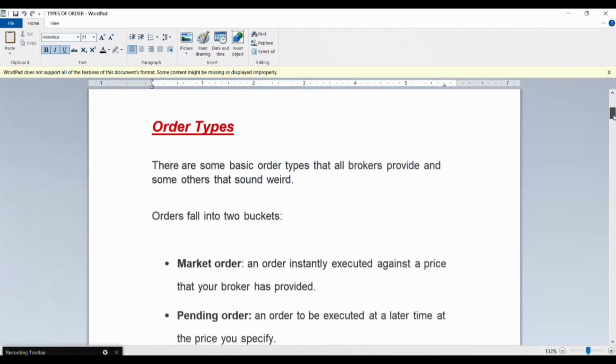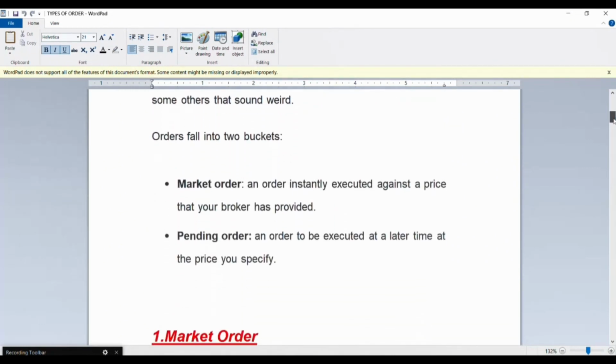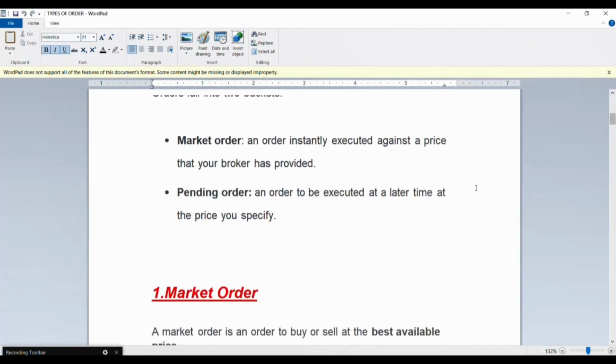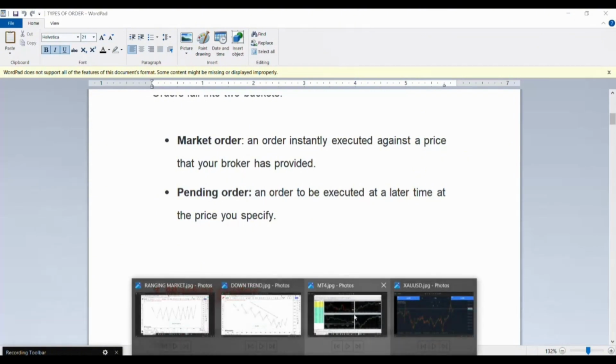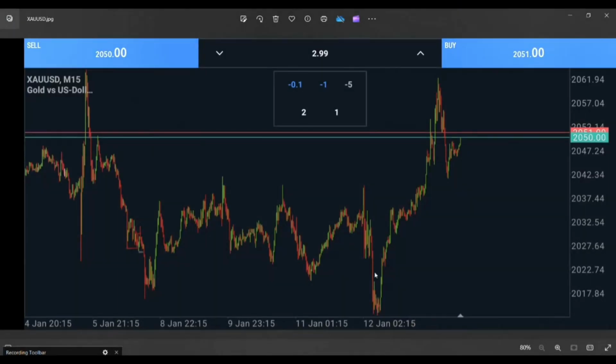There are two major types of orders in the trading industry. We have the market order and we have the pending order. A market order is simply an order when you instantly want to execute a price. You want your broker to execute a price instantly. For example, if you stepped into the market and you wanted to buy gold, you go into your broker and you tell your broker, I want to buy this gold like now, at this particular price.